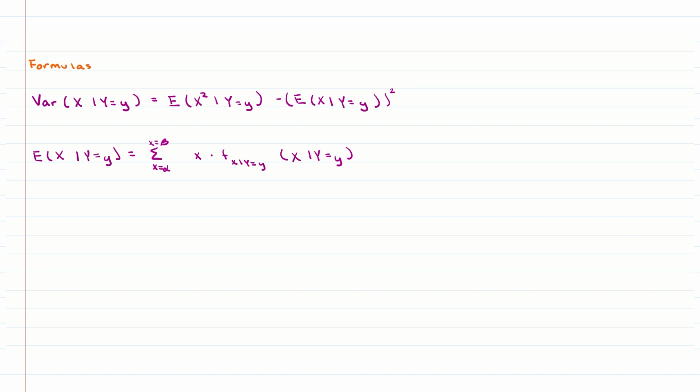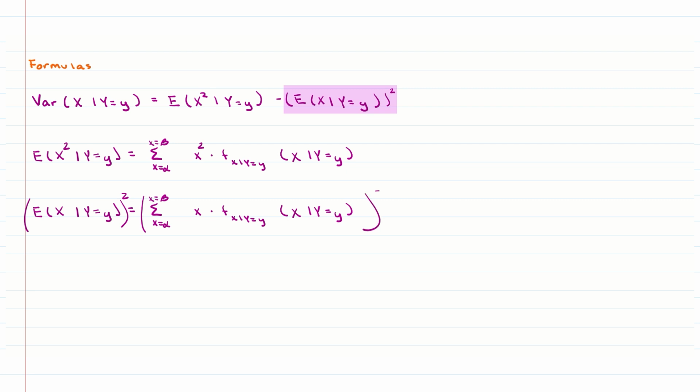So going back to the conditional variance formula, we have the expectation of x squared given y. So we're going to need to square the x's in our conditional expectation formula. Then that's minus the expectation of x given y squared. So we'll need to square our entire conditional expectation formula.